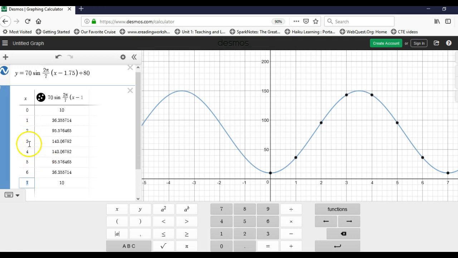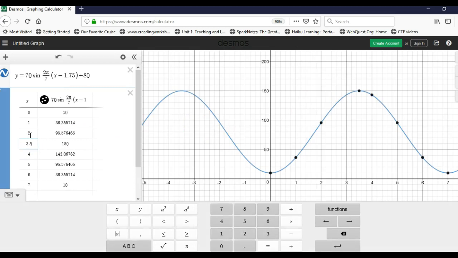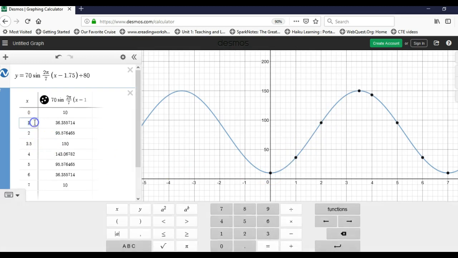Now I'm going to amend some of these. So I know I do have a point here at about 3.5. So instead of writing 3, I'll put 3.5. So I do have a whole number there, there, and there. Well, what's halfway between 3.5 and 0? I'm going to guess and say maybe 1.75. Yeah, 1.75.